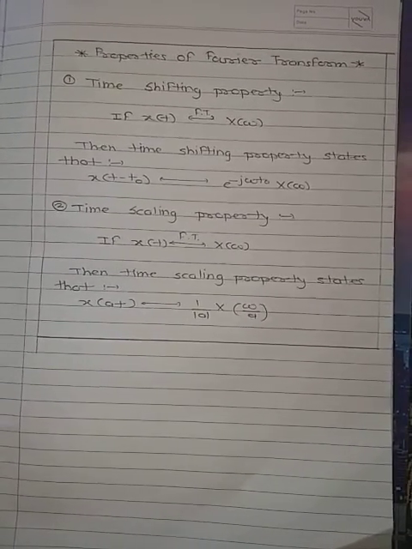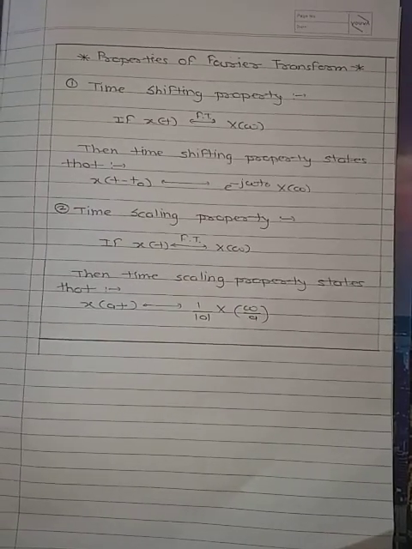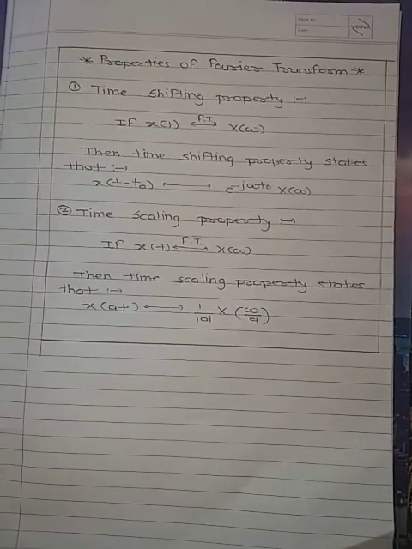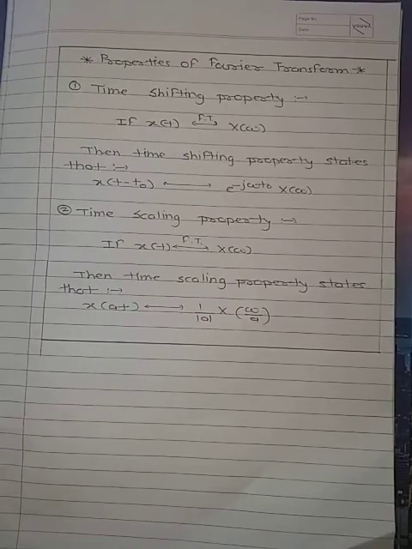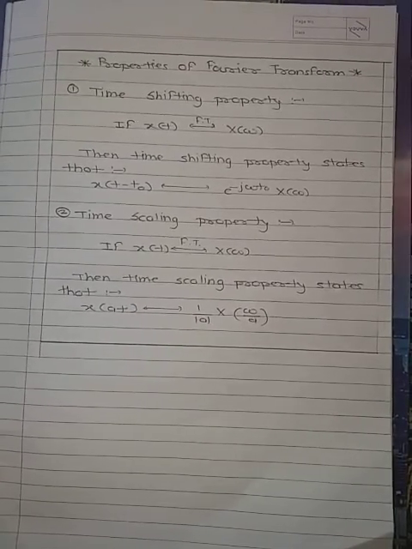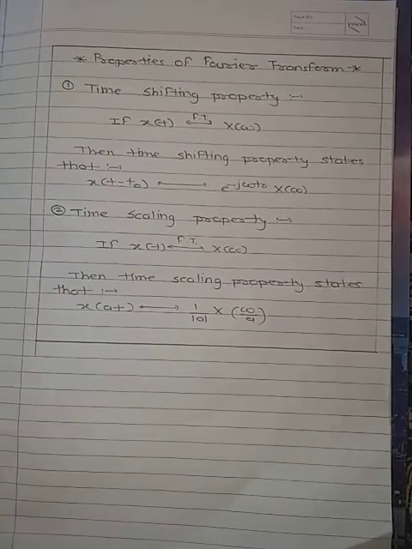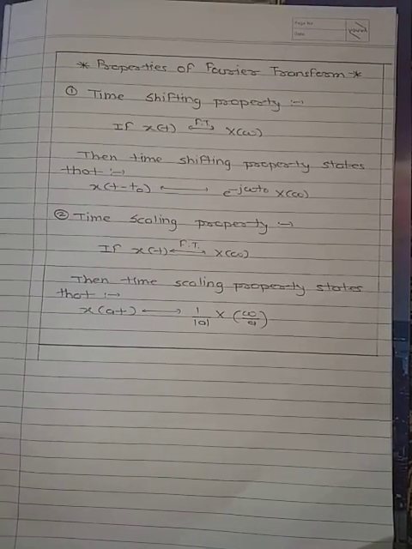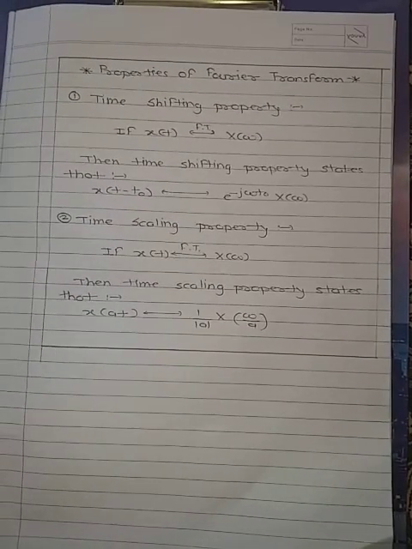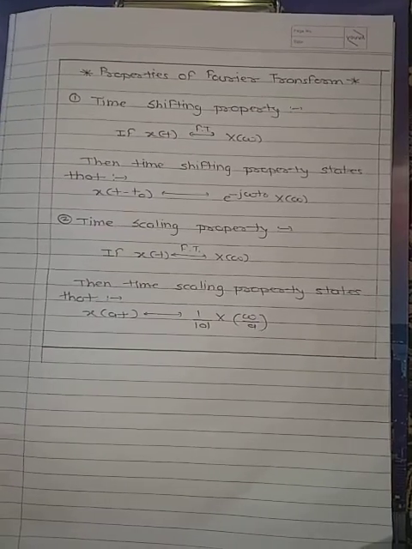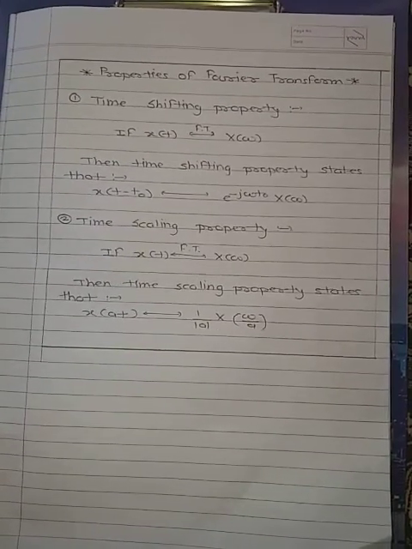Here we can see that the factor we are going to multiply to t in time domain, if we transform that, then we are going to divide the whole thing. The mod of a means the factor, and we are going to divide omega by a.